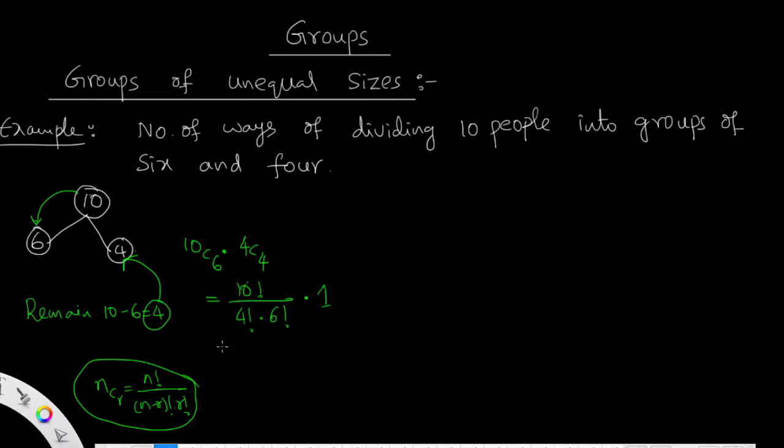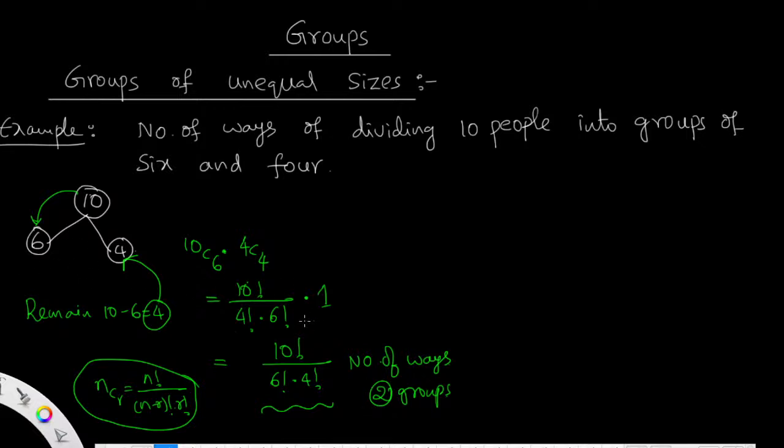Therefore, the number of ways of dividing 10 people into groups of 6 and 4 is 10 factorial by 4 factorial into 6 factorial. This is the number of ways of dividing 10 people into two groups of unequal sizes, 6 and 4.